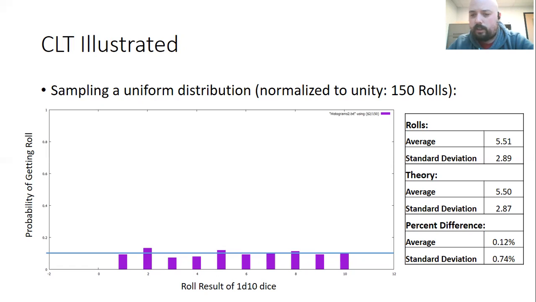That gives us a little less than 1% difference in the end. Again, if I were to double the number of rolls, I'm sure the average and standard deviation would be much, much better in the end.